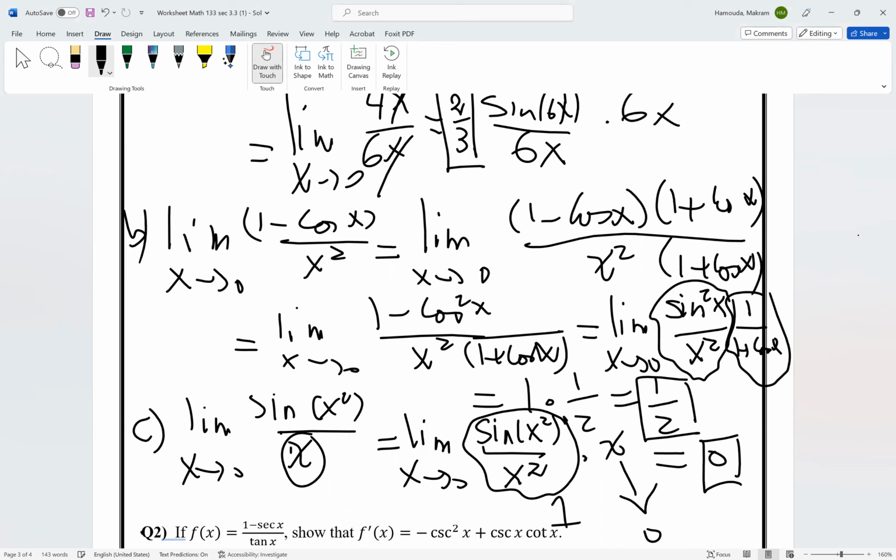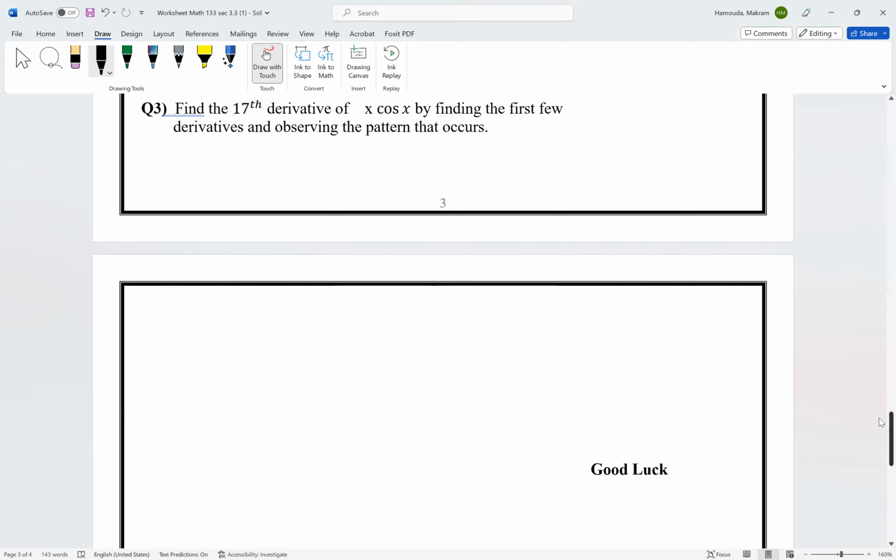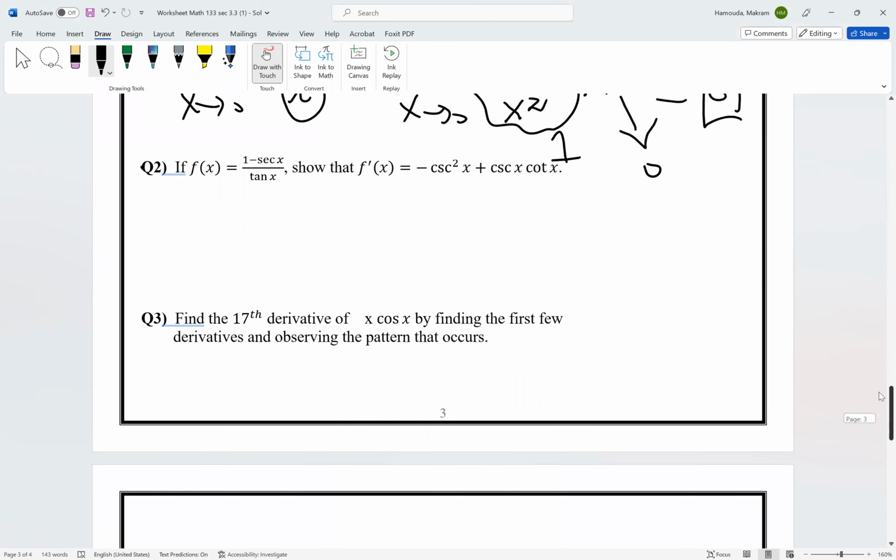Okay, now we can move to question 2 in essay question. Look here at the function, and we want to differentiate this function. So f prime of x, this is the quotient rule, equal to tan squared in the denominator. And in the numerator, the derivative of 1 is 0.